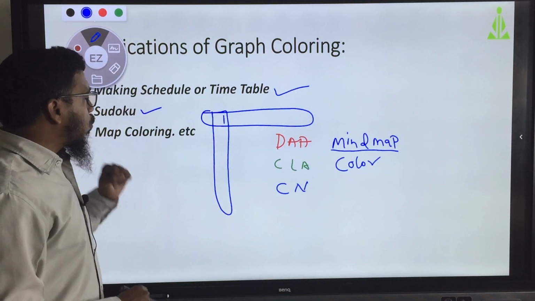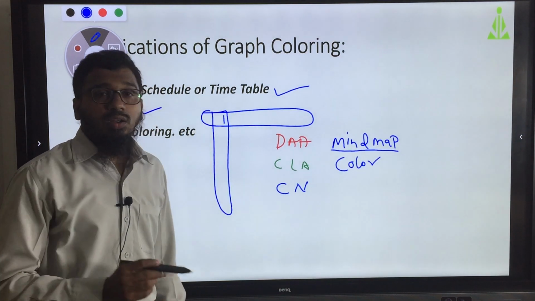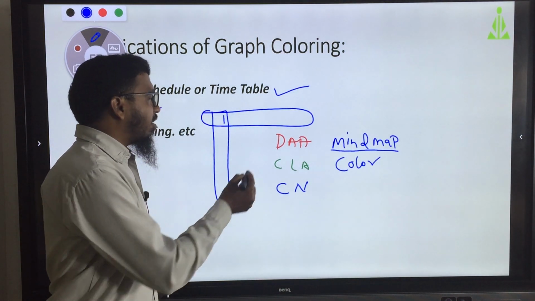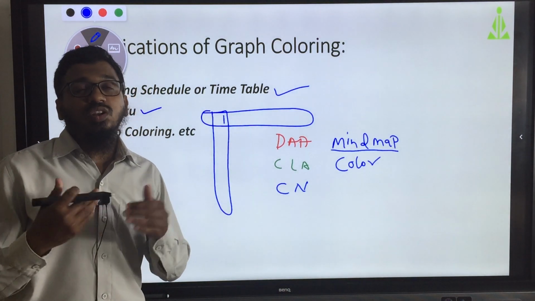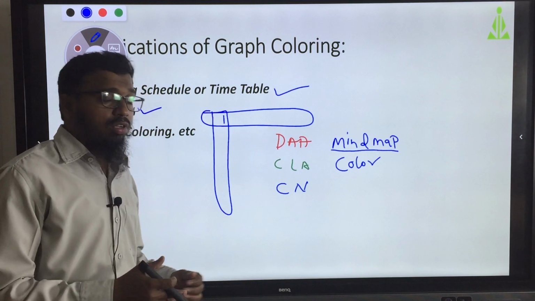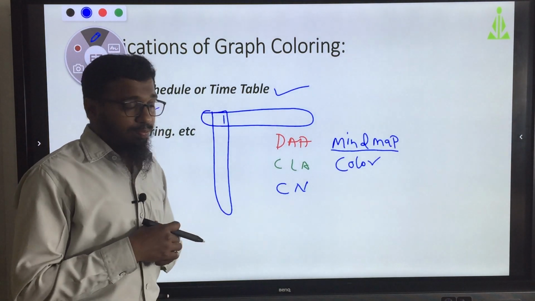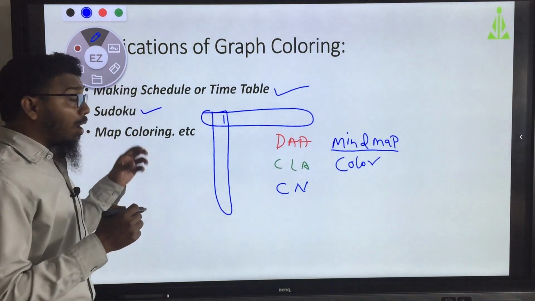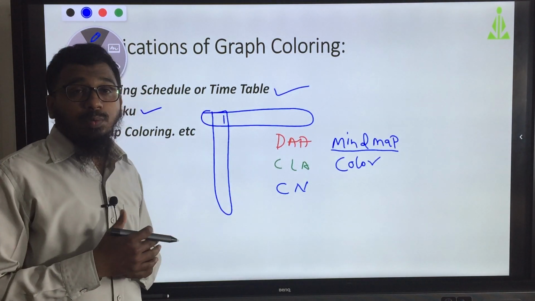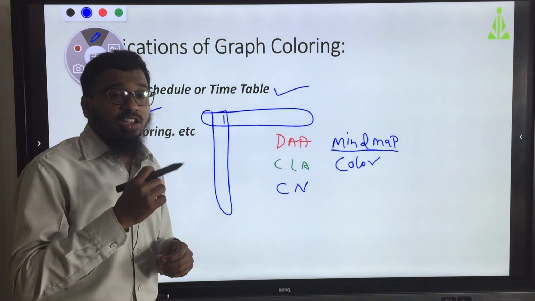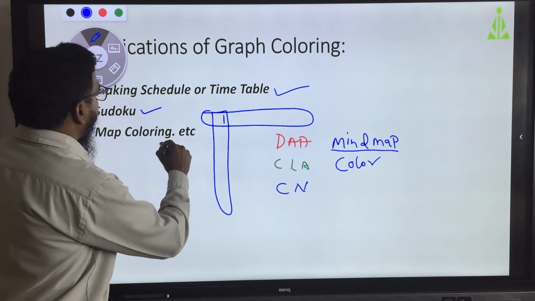So like this Sudoku is there, and if you give one color blue, second red color for 2, green color for 3, and give different colors to different numbers, then you can easily identify and easily solve. Compared to using the same color, if you use different colors, it will be easy for you to recognize.